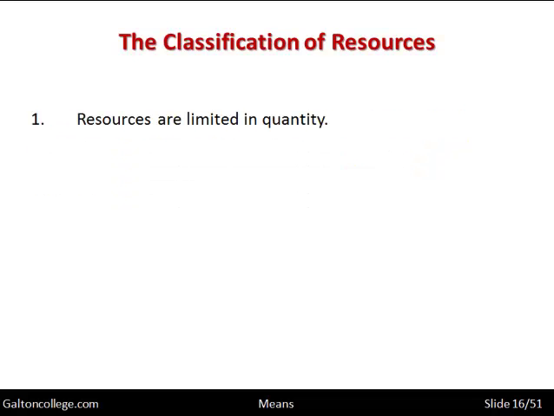Resources are in limited quantity. As I said earlier, we inhabit a little planet, and there are a lot of us on the planet. We all want more. We all want good lives. We all want more resources. But these resources can only come from the planet. And we're using up the resource at an alarming rate.